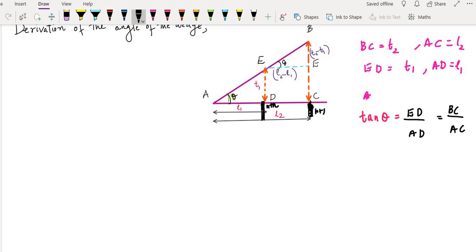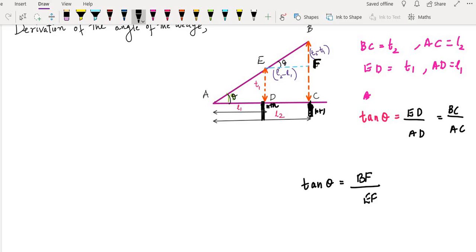Also, in the small triangle, which also has angle theta, tan theta is equal to BF divided by EF.